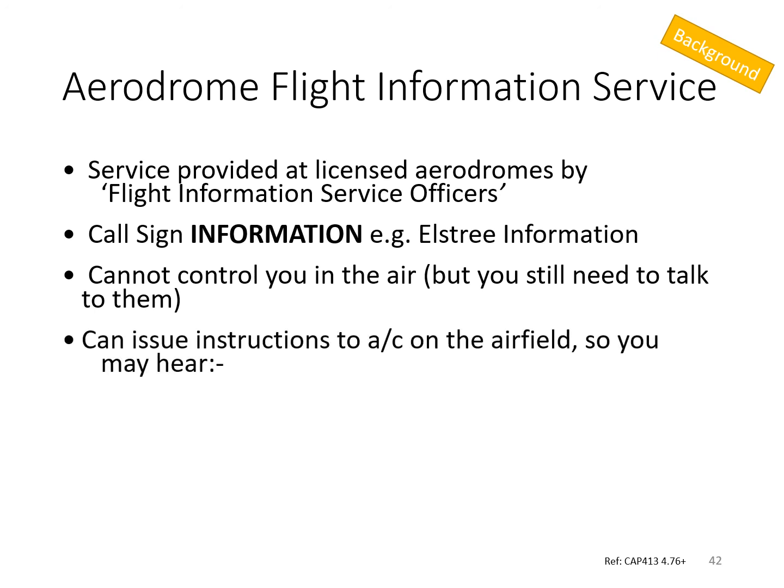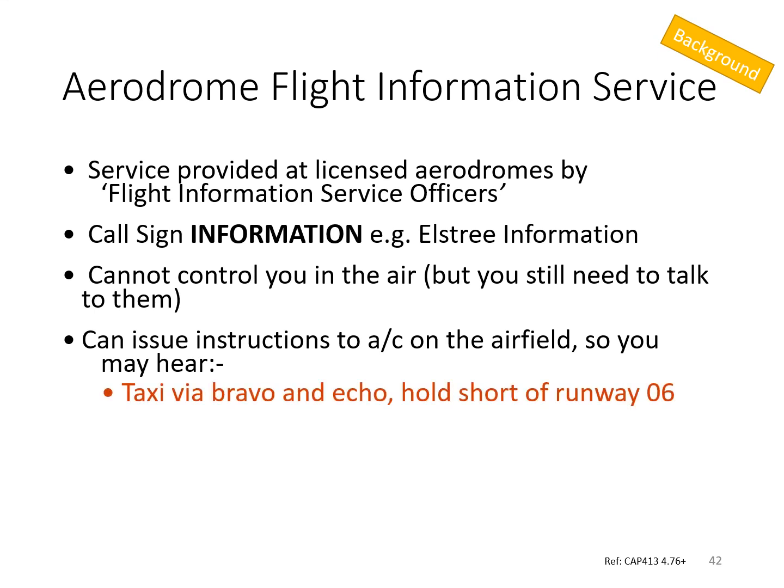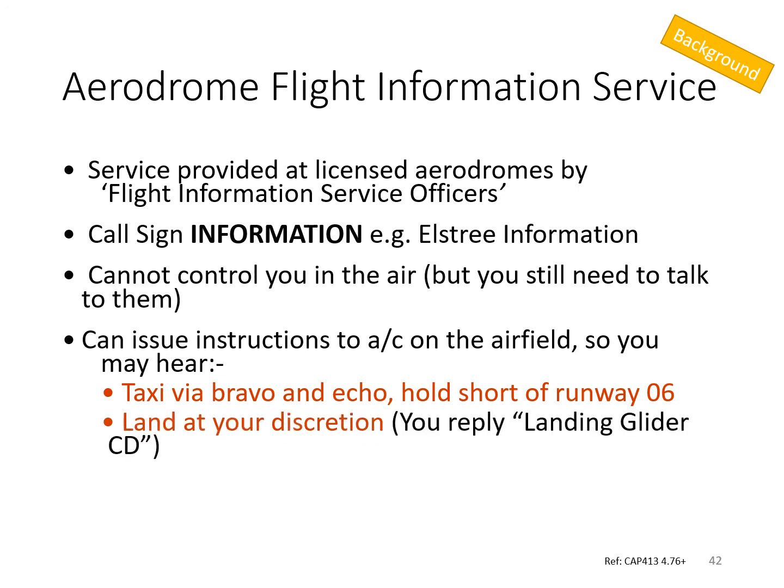They can issue instructions to aircraft on the airfield, so you might hear things like "taxi via Bravo and Echo, hold short of runway 06". That's a taxi clearance. "Land at your discretion", to which the answer would be "landing, glider Charlie Delta". Or "backtrack the active and exit at Alpha".